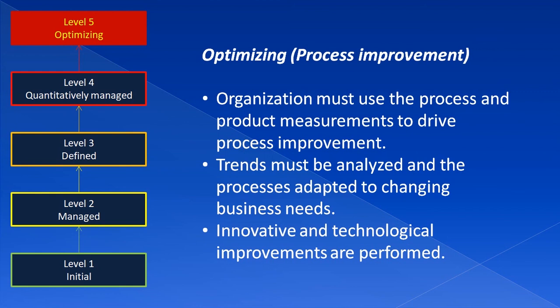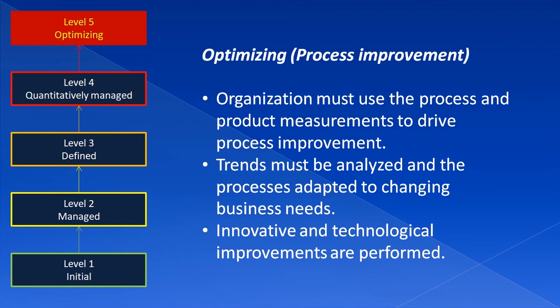That means finding new ways and innovative technological improvements to make their performance better. All the companies below them are looking into their ways. Those sorts of companies are at level 5, optimizing.